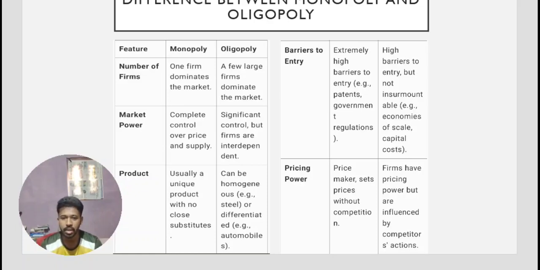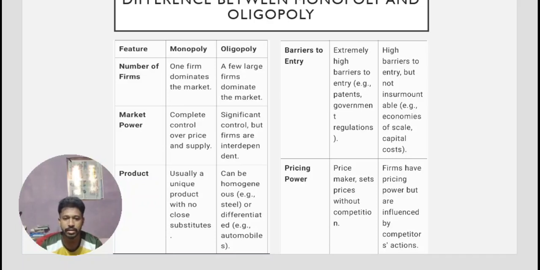Market power: in monopoly, complete control over price and supply; in oligopoly, significant control, but firms are interdependent. Product: in monopoly, usually a unique product with no close substitutes; in oligopoly, it can be homogeneous, for example steel, or differentiated, for example automobiles.